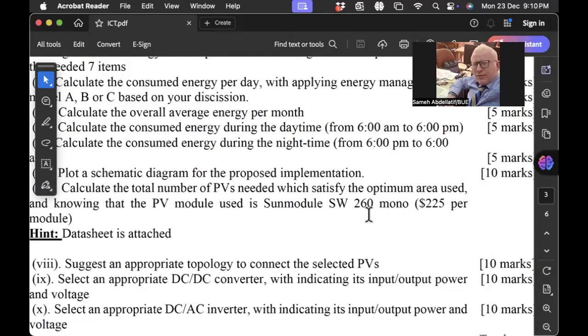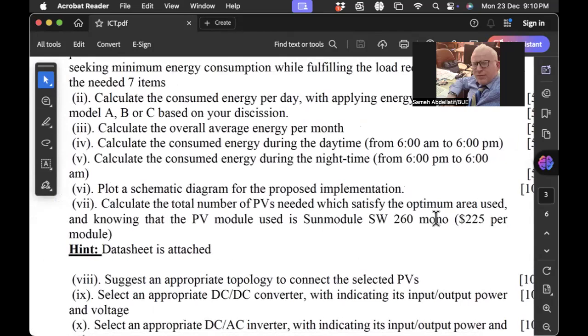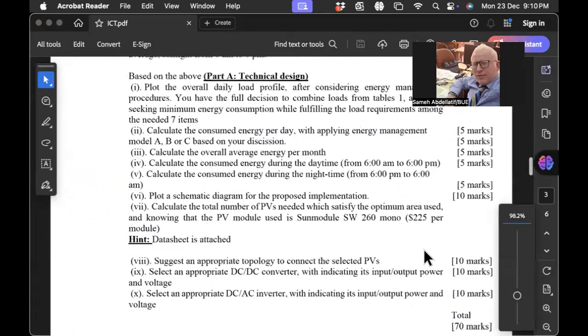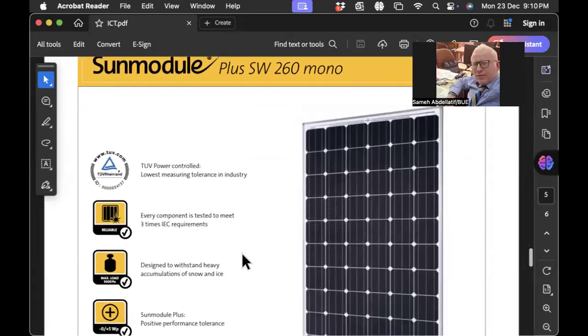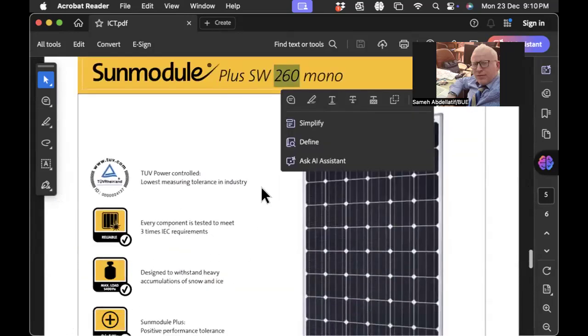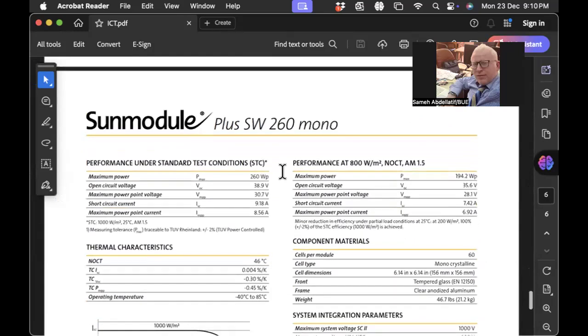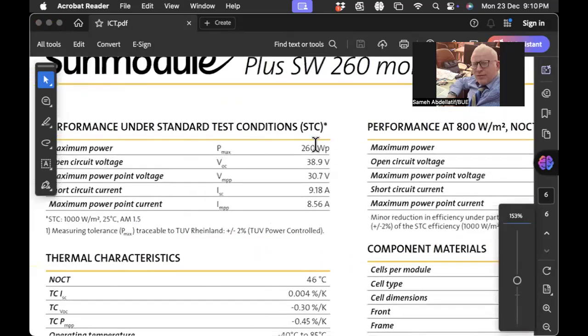This is a 260 watt PV module with a price of $225 per module. Of course, this will be considered in the next phase, which is the economic part. But for the technical part, let's consider the data sheet. This is the attached data sheet. As you can see, this is a 260 watt module. You will find this typically on the second page. So yes, this is a 260 watt peak module.